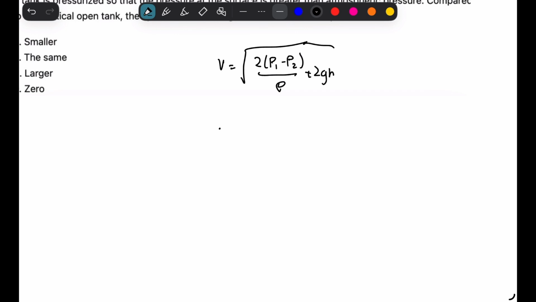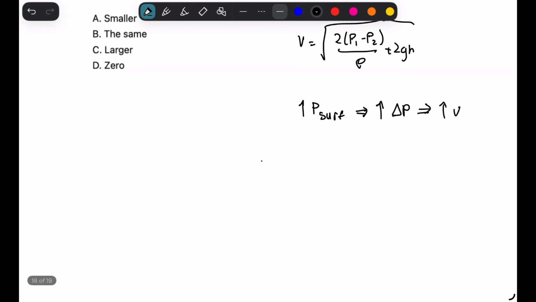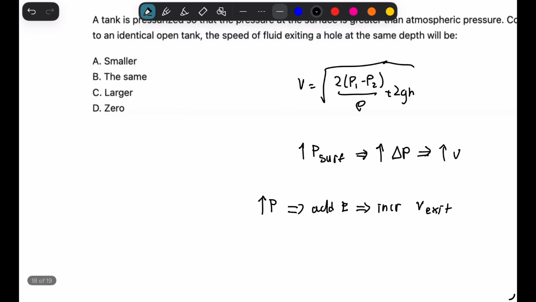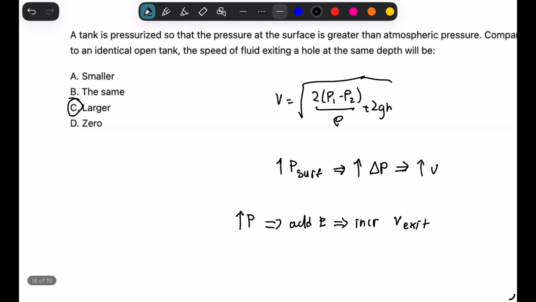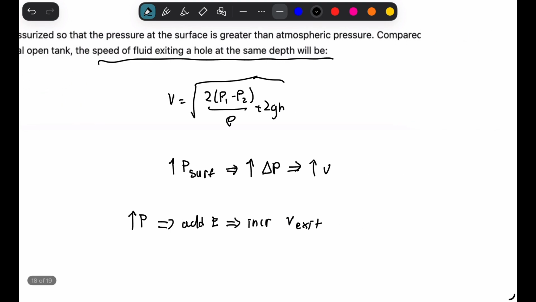So what you see is that if you increase your pressure at your surface, that is going to result in a larger pressure difference, which is going to result in a larger velocity. Because if you increase your pressure, that is going to add energy. And what that does is it's going to increase your V exit. So you will have a larger speed of fluid exiting a hole at the same depth.